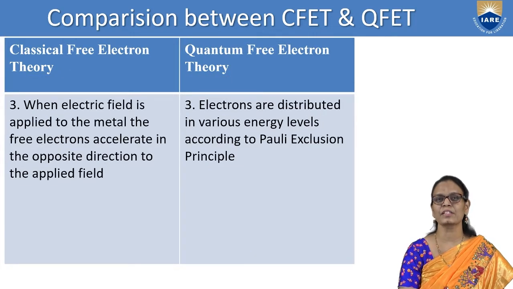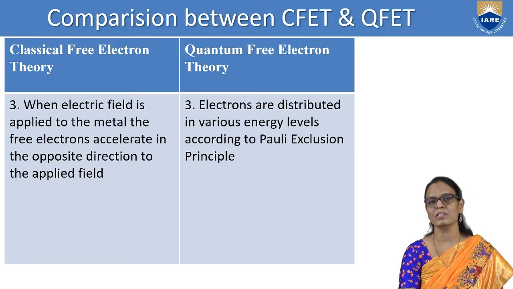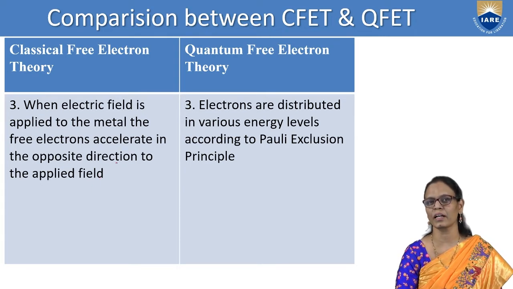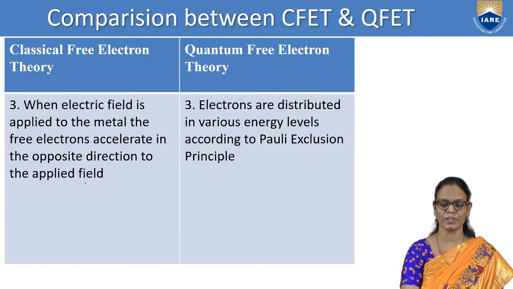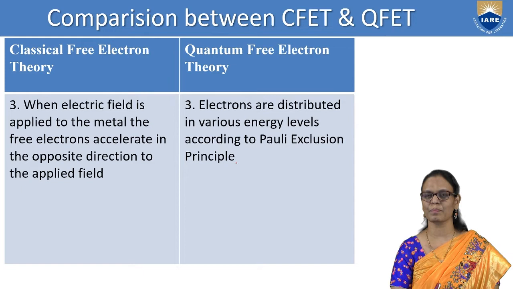Then, when an electric field is applied, what is happening? The free electrons accelerate in the direction opposite to the applied field. And here the electrons are distributed in various energy levels according to Pauli's exclusion principle.